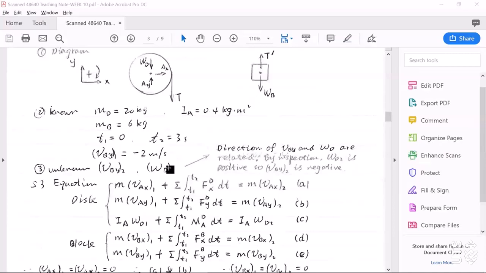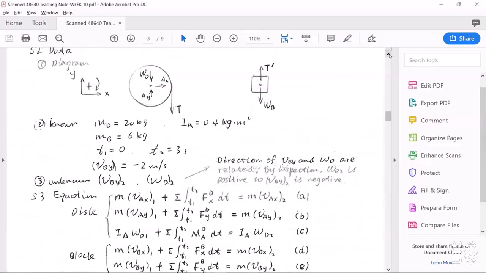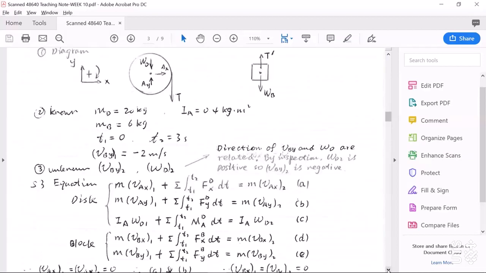VBY2 and omega D2, based on kinematics, we know they are not independent. Actually, they depend on each other. So for these two, only one is unknown. Be careful of their directions.